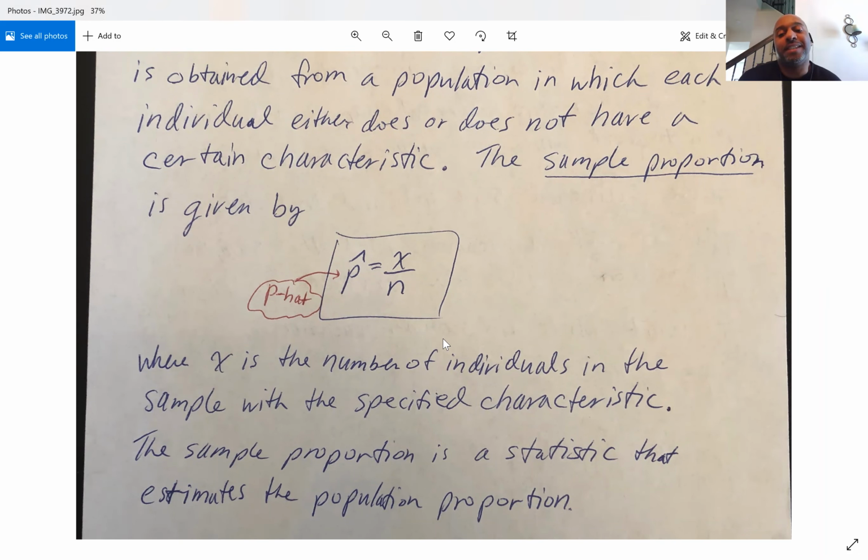And then the sample proportion is a statistic that estimates the population proportion. All right, we scroll up.